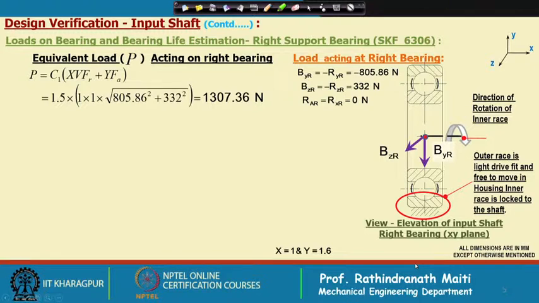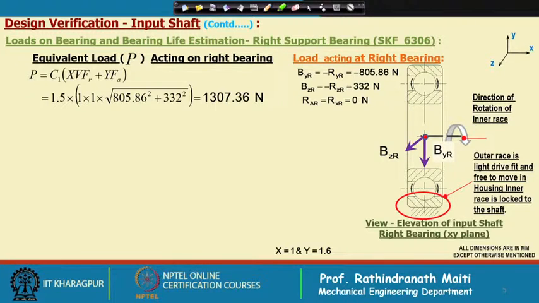Now, we are calculating the equivalent load acting on the bearing. Clearly, in the equation of equivalent load, P is equal to C1 x (V X Fr plus Y Fa). The factor 1.5 we have taken is for a medium shock load, but the X factor for that series of bearing is 1, and the race rotation factor V is also 1, because the outer race is fixed, which is shown here, and there is no axial load.